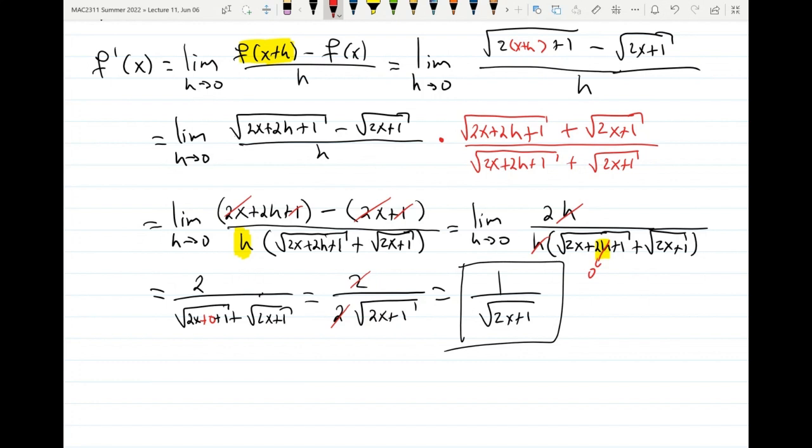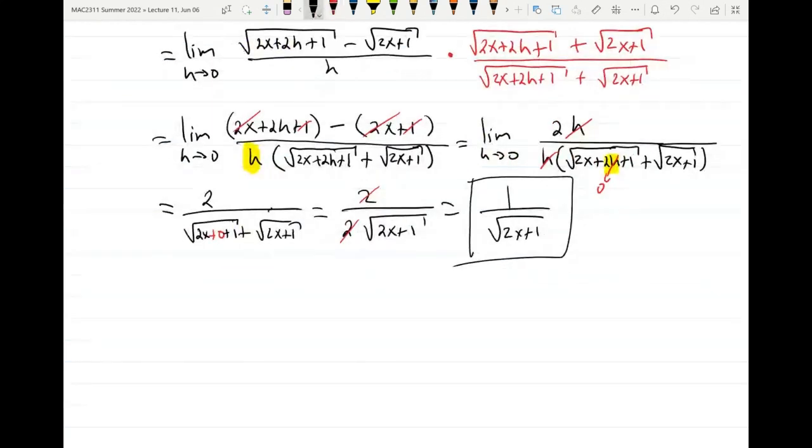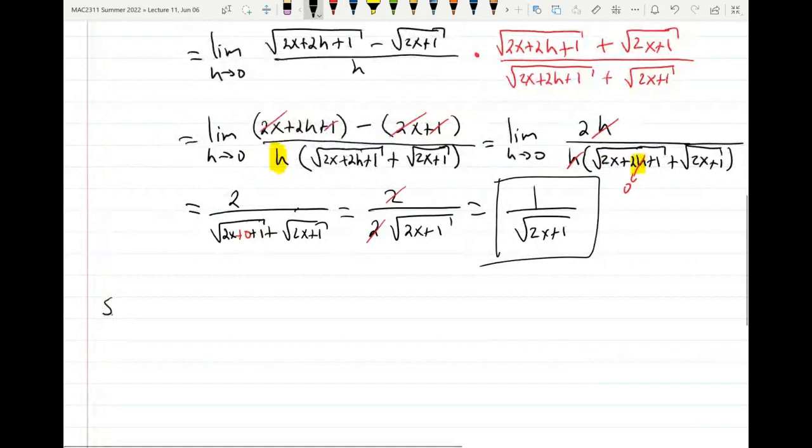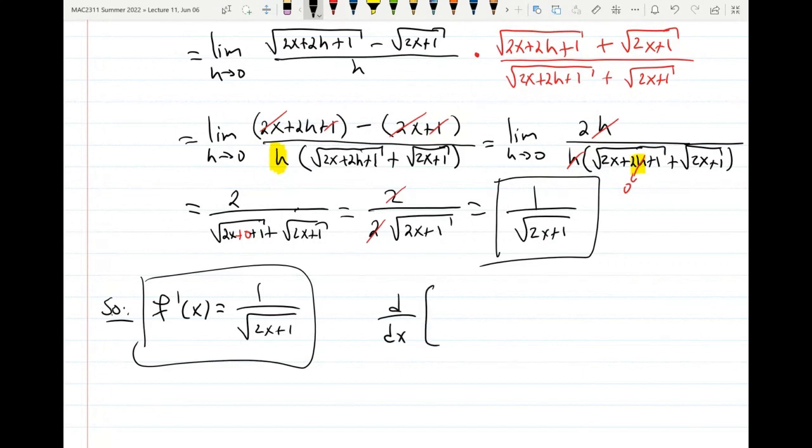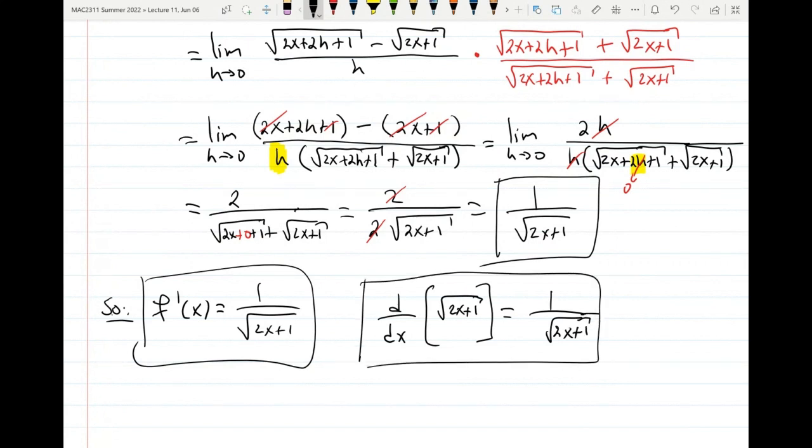You okay with this? All right, so that means that f prime of x equals 1 over the square root of 2x plus 1. Or alternatively, we can write the derivative with respect to x of the square root of 2x plus 1 equals 1 over square root of 2x plus 1.